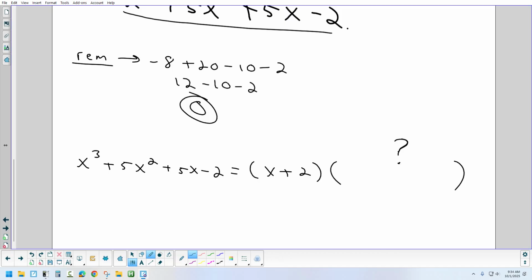Would you have to divide x cubed plus 5x squared plus 5x minus 2 by x plus 2? No, you'd have to divide it.